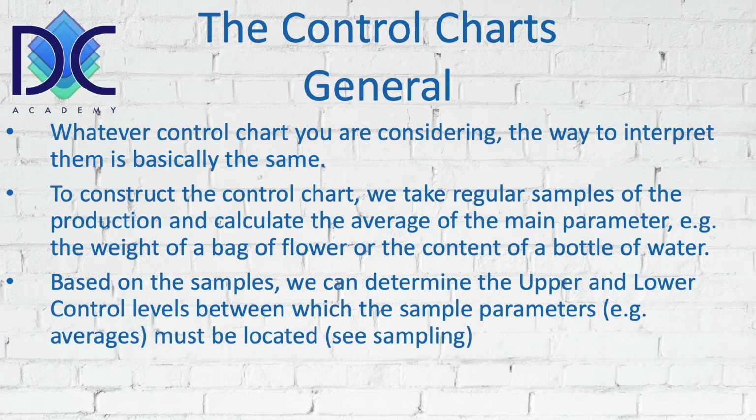Now, depending on the different systems of control charts, we can create what we call an upper and a lower control limit. We can also identify the average, and the average should basically be the parameter that we want to have.